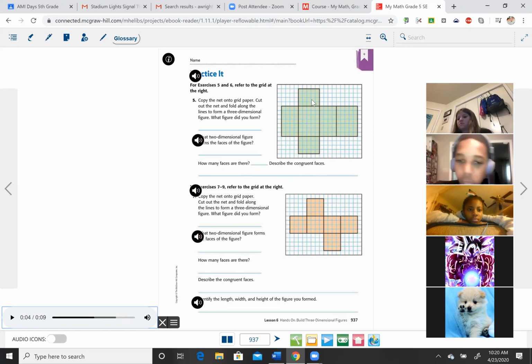Okay, so what you can say is there are two groups of congruent. Actually, they're not even. So I would say that there are three sets of two that are the same, because these and these are the same, these and these are the same, and these are the same.